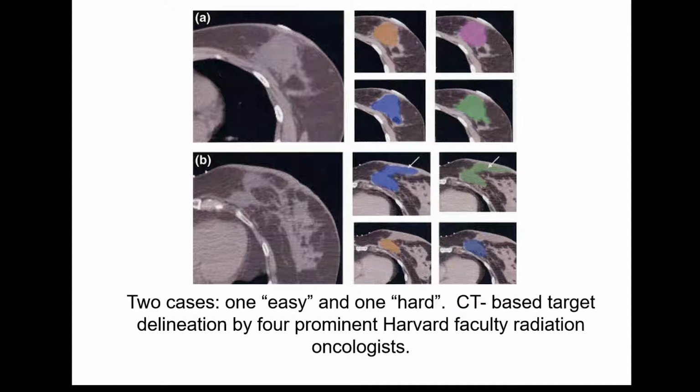You'll see these four expert breast radiation oncologists had a tough time agreeing what this target volume was, whether it was easy or hard. And I think it underscores the challenge that CT scanning presents in accurately defining tumor bed. Next slide.